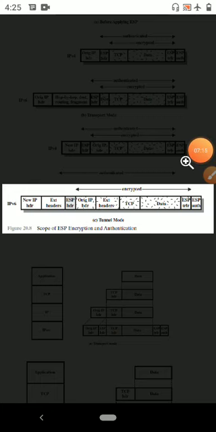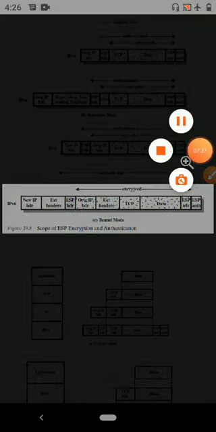Let's consider a case in which an external host wishes to communicate with a host on an internal network protected by a firewall, and in which ESP is implemented in the external host and the firewalls. The following steps occur for transfer of a transport layer segment from the external host to the internal host.